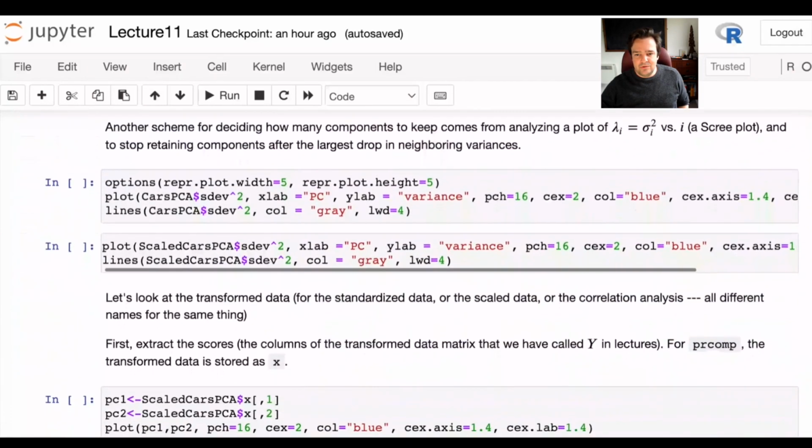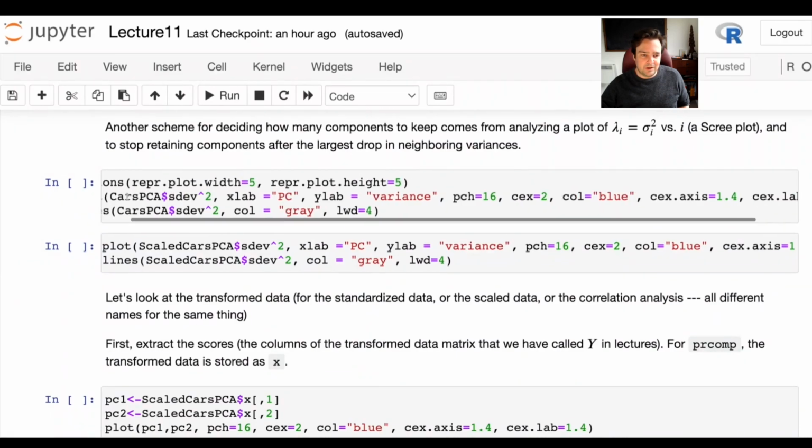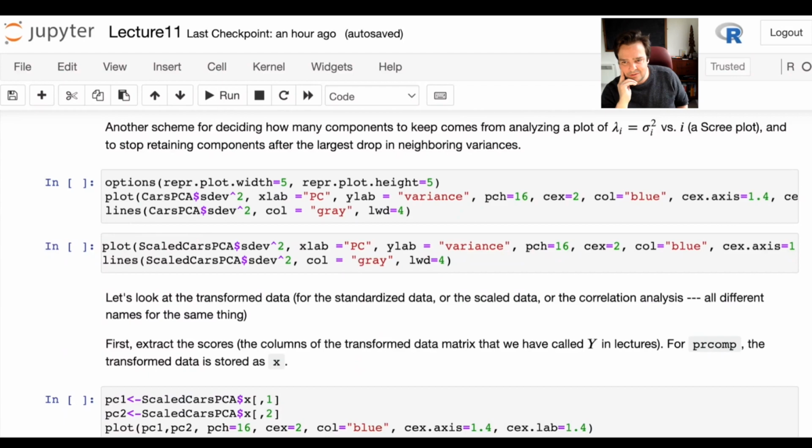Another scheme that you could use has a funny name. You could use this plot called a scree plot, S-C-R-E-E. We actually kind of did this once. You plot the different eigenvalues, and they get smaller as you go further along. And you decide, sort of visually, where they seem to have leveled out. The name scree plot comes from talking about cliffs, like a mountain cliff.